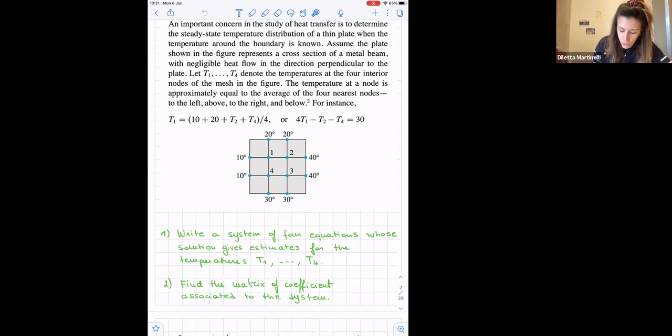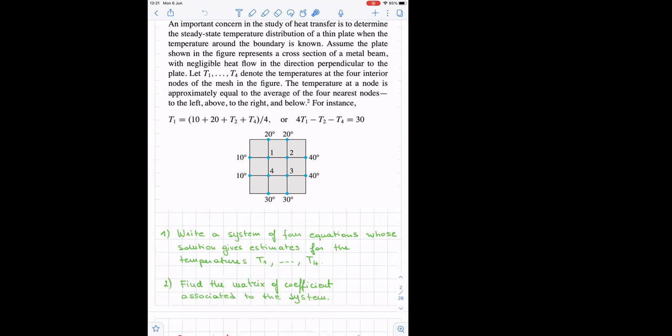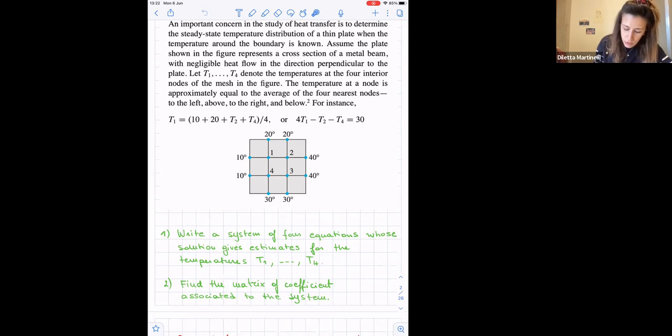Yeah, so for the first one, we need to use the fact that the temperature at the node is approximately equal to the average of the 4 nearest nodes: to the left, above, to the right, and below. So let's do the first one, the one written here. We take T1, and the temperature in T1 is the average of the nodes around it.